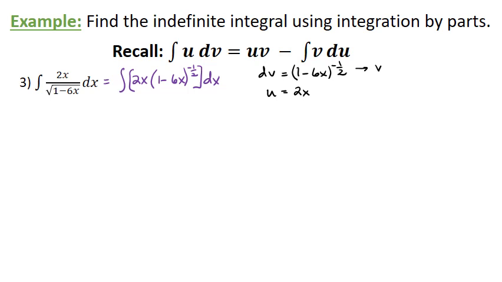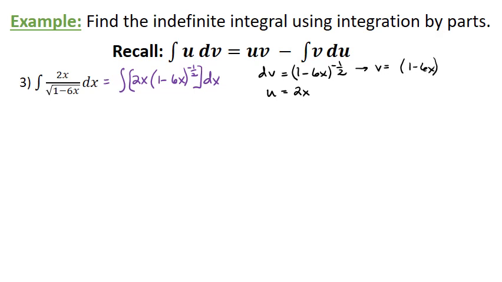There are a couple options to find the integral of this. So you can either do a u substitution or you can just apply the basic power rule, which I don't know, might be easier. So if I were to integrate this, I would have 1 minus 6x.